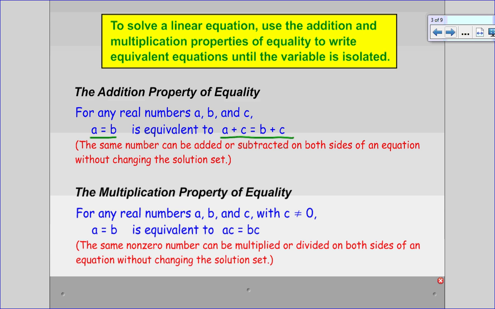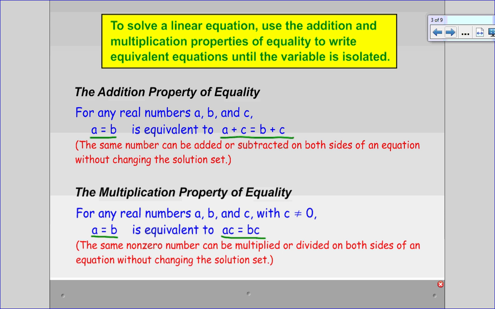The multiplication property of equality states that for any real numbers a, b, and c, where c does not equal 0, a equals b is equivalent to a times c equals b times c.